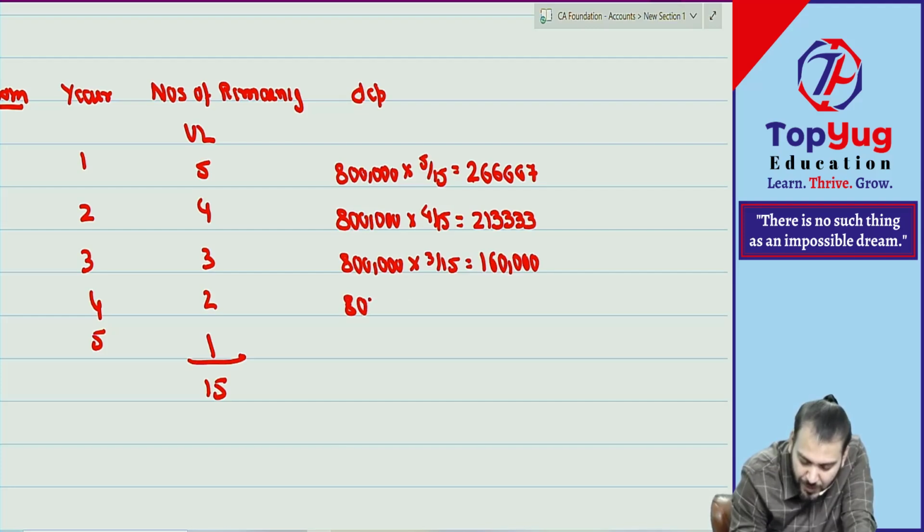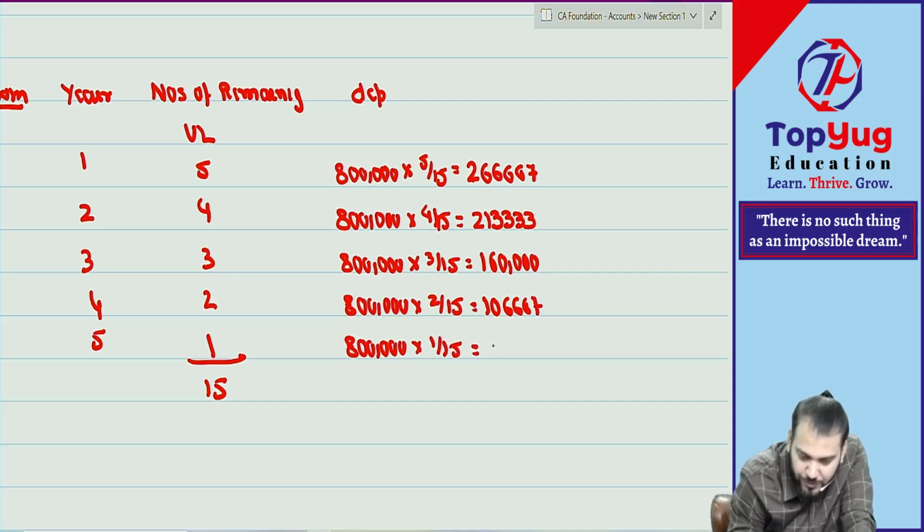Then 8 lakh into 2 by 15, 1,06,667. Then 8 lakh into 1 by 15, 53,333.